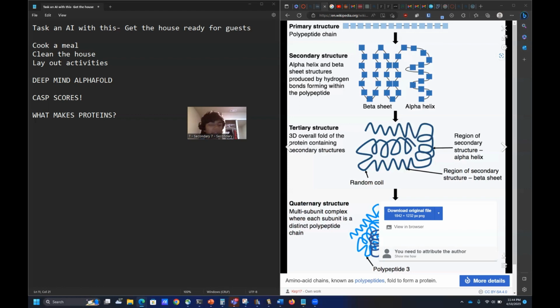Now, for many years, scientists have relied on something called CASP scores to benchmark the level of quality of any program that has sought to fold proteins algorithmically in a computer. They've used CASP to determine what any program can predict to make protein structures.